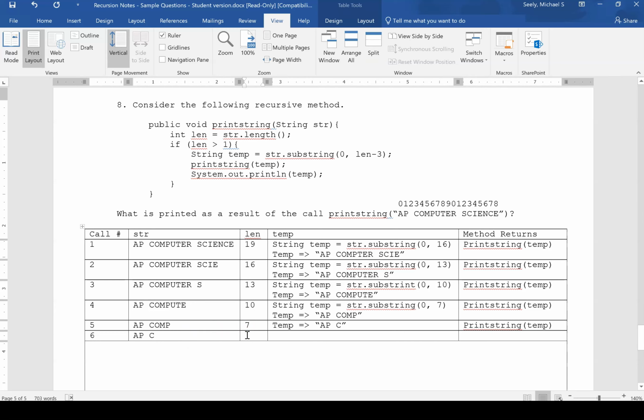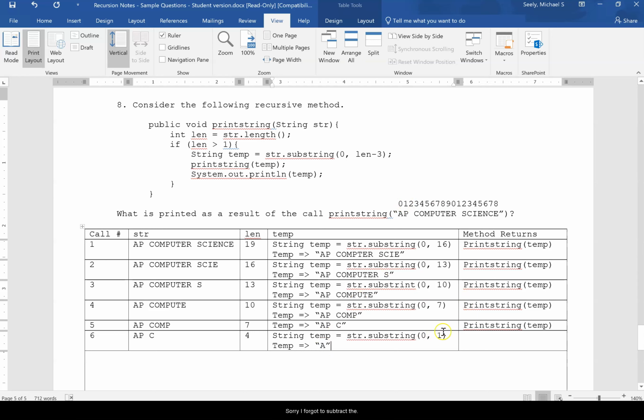What we got here brings us to 4. And 4 gives us what AP, sorry, this would be 1, and 1 would be just A.